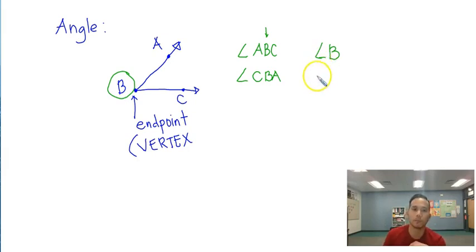All right. Next, your angle has different types, and it will be based on the measurement of the angle. The first one is the acute angle. What is the meaning of acute angle?